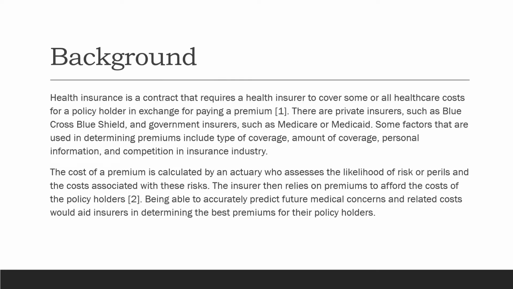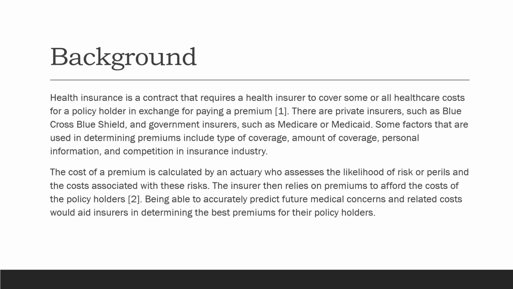To provide background on health insurance, it is a contract that requires a health insurer to cover some or all healthcare costs for a policyholder in exchange for paying a premium. There are private insurers such as Blue Cross Blue Shield and government insurers such as Medicare or Medicaid. Some factors that are used in determining premiums include type of coverage, amount of coverage, personal information, and competition in the insurance industry.